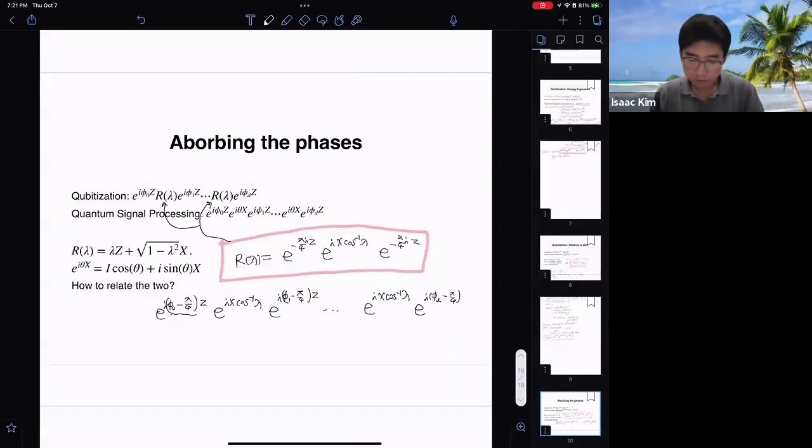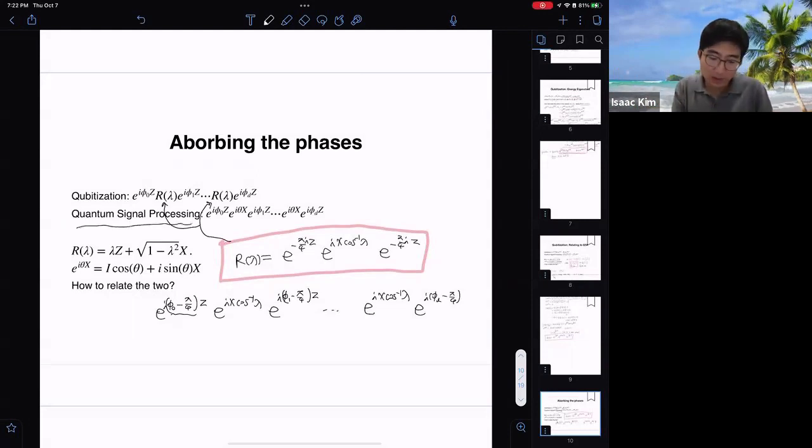So what we've shown is that this sequence of operators that appears in the qubitization upon fixing the energy eigenstate is in fact precisely the same as the sequence of operators that appears in the quantum signal processing.